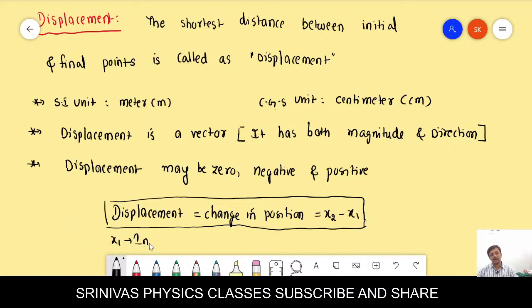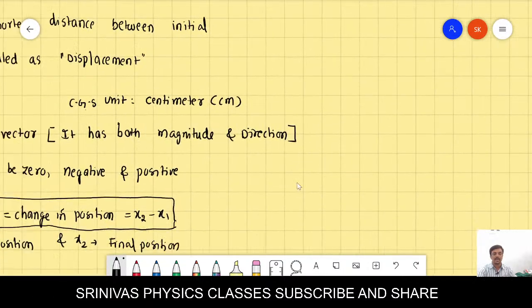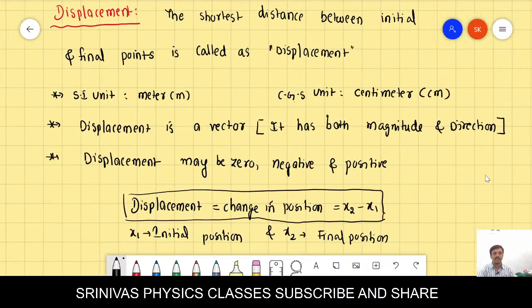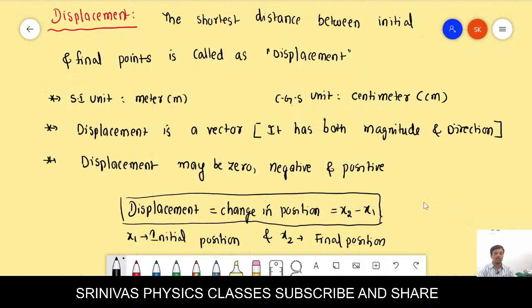X1 is the initial position and x2 is the final position. I will explain with examples. You take the screenshot and write it in the note copy.